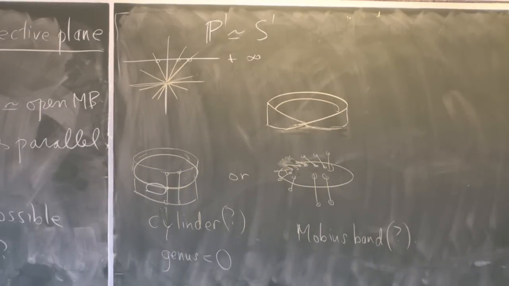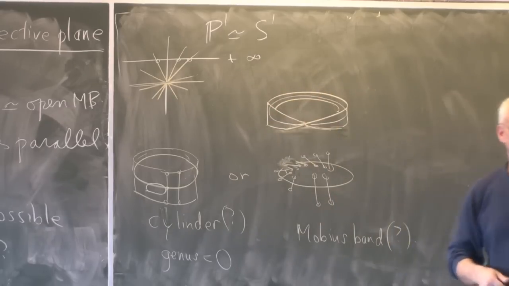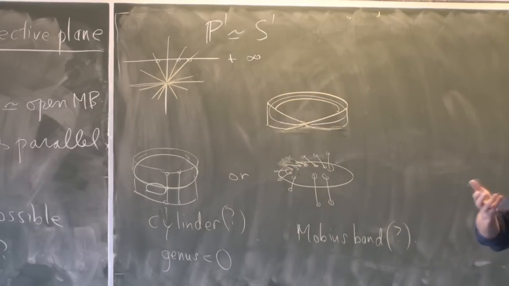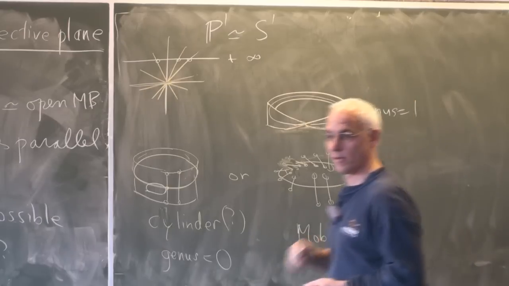What about the Mobius band? Can we draw a loop that doesn't separate it? I showed you how to do that. Just the center loop. If we cut along that center loop, we saw that we don't get a separated space. So this thing has genus equal to 1.